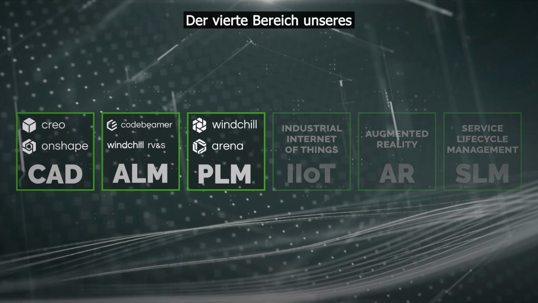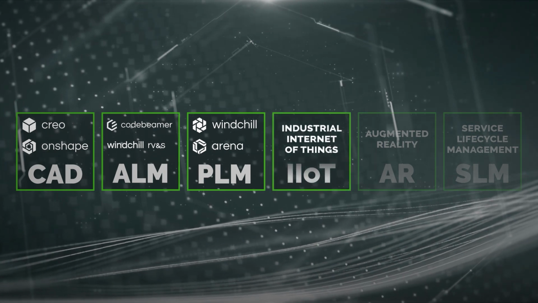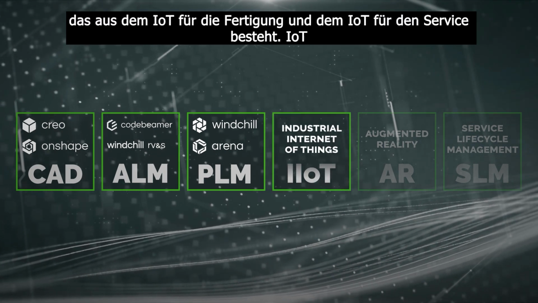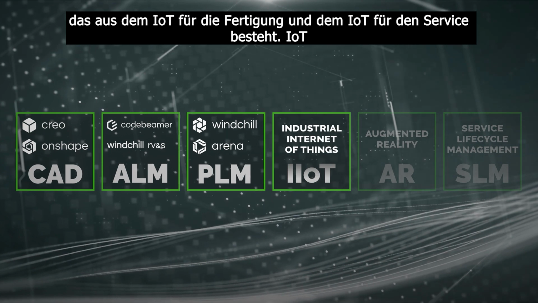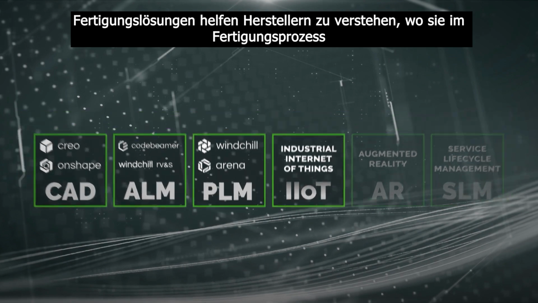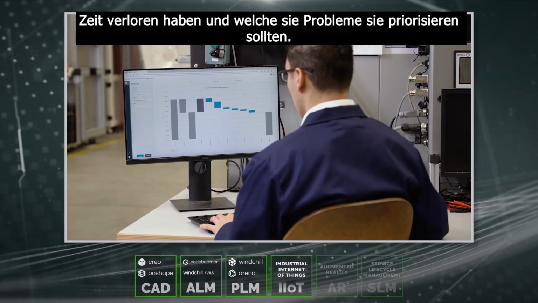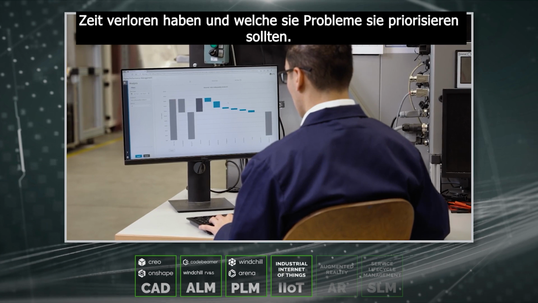The fourth area of our portfolio is the Industrial Internet of Things, IIoT, which consists of IIoT for manufacturing and IIoT for service. IIoT manufacturing solutions help manufacturers understand where they've lost time in their manufacturing process and identify which issues to prioritize.